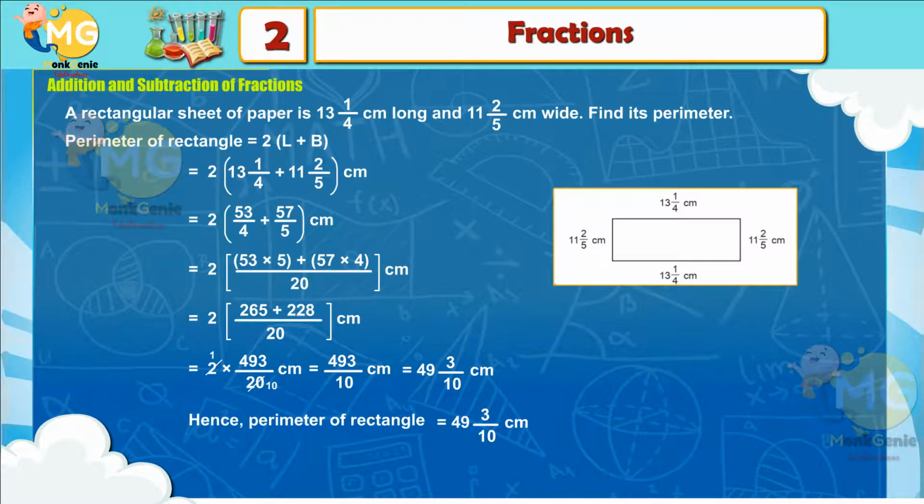Hence, the perimeter of the rectangle is 49 3/10 centimeter.